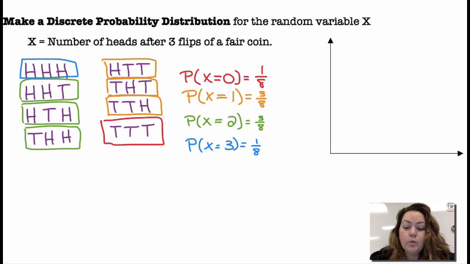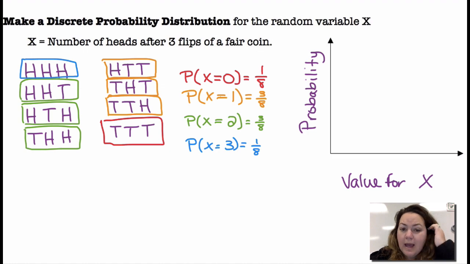All right, so now I'm going to graph this. I'm making a probability distribution. So I'm going to have probability on my y-axis. The bottom, I have my value of x. And remember, x is the number of heads after 3 flips of a fair coin. Since everything is counting by 8s, I'm going to go up 8 tick marks, and that will be 1.